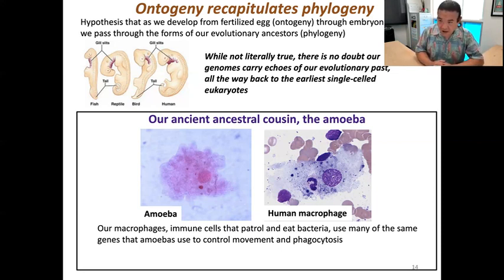These are human versions of those same genes that amoebas have. So through eons of evolution, mutations as part of natural selection over hundreds of millions of years have changed these genes so that they are now human versions of them, but they are still the same genes that the lowly amoeba had way back then.